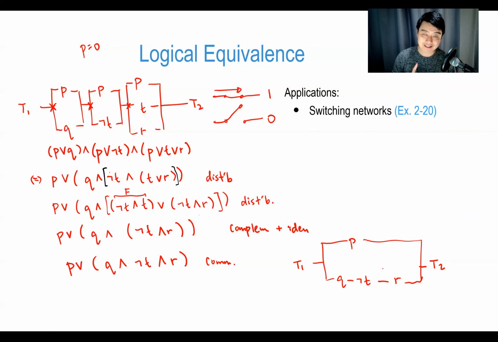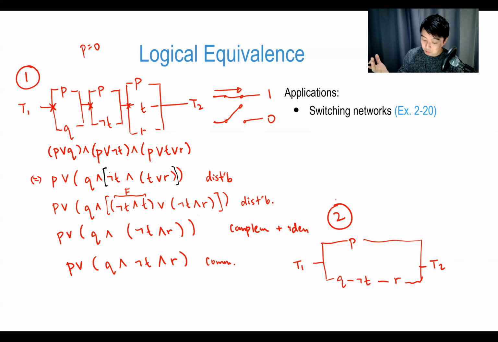And now we can say that if there is a way to make a true from this expression, then there's also a way to make a true from the top expression. So if there's a way to make the number two expression true, then there is also a way to make the number one expression true, an assignment of variables to make it true. Right? And we did actually say this from the beginning.